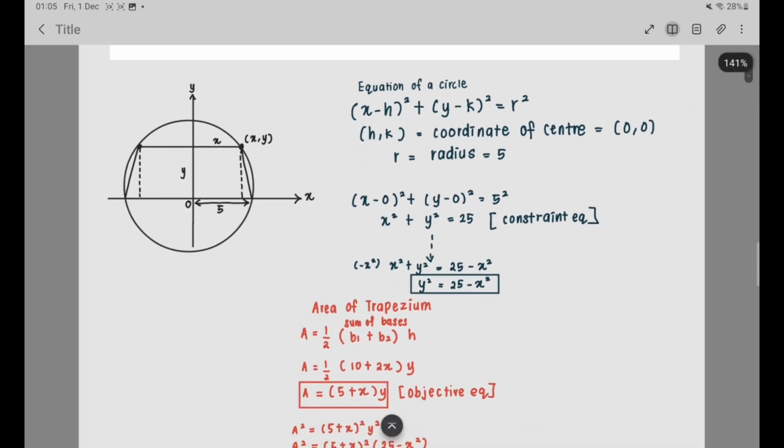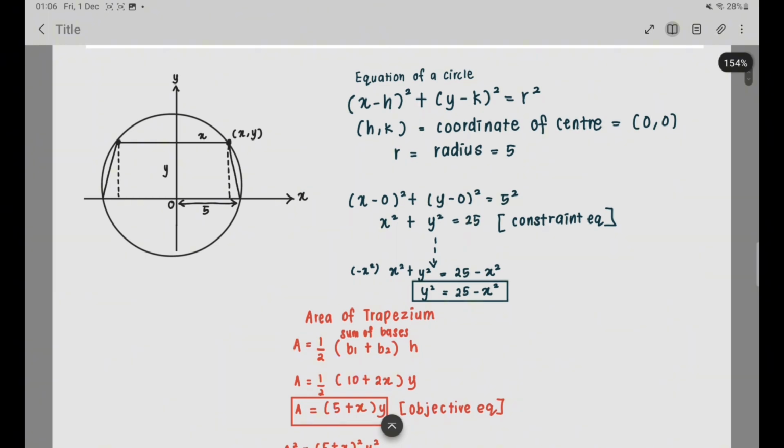So we insert the coordinates and the radius into the equation of the circle. We get (x minus 0) squared plus (y minus 0) squared equals 5 squared. So x squared plus y squared equals 25, which we call the constraint equation.